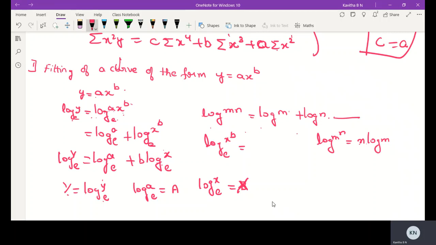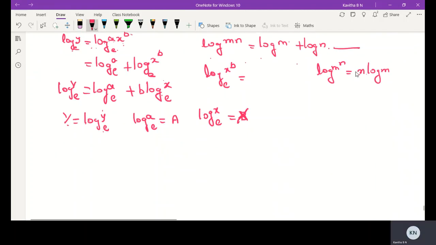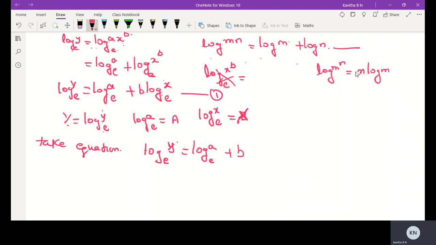Then substitute. Call this equation number 1. Take equation 1: log y base e is equal to log a base e plus b into log x base e.